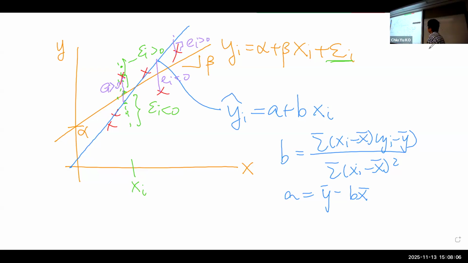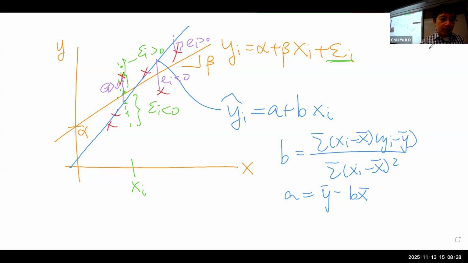These small e's are residuals. The residuals you actually calculate from your data. The errors are notionally in the background; you never observe these. Is that okay?